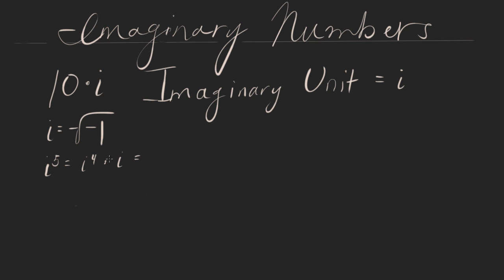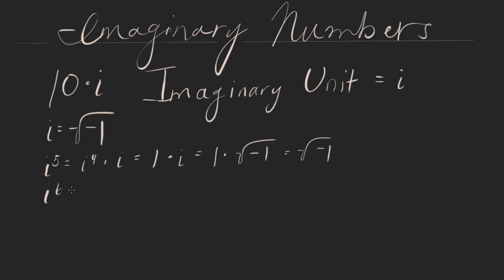We know that i to the fourth is 1 because it's -1 times -1. And i is just i, or we can write this as one times the square root of -1. So the square root of -1. So you can either write this as just i or the square root of -1.